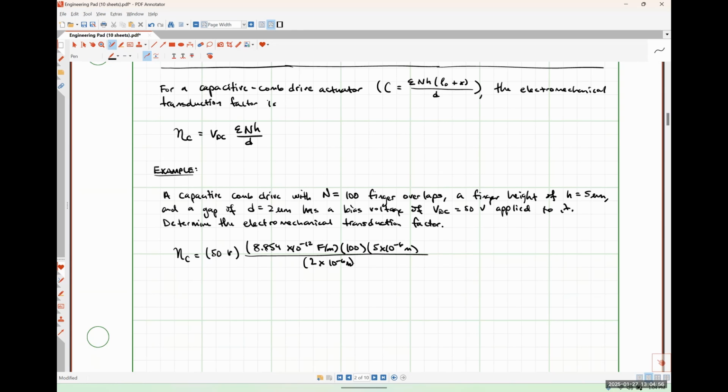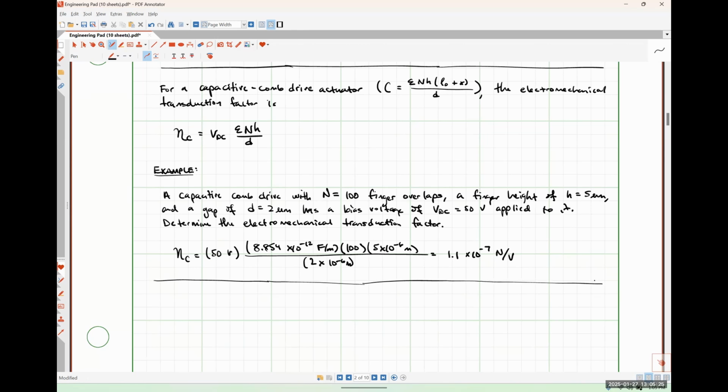And this winds up being 1.1 times 10 to the minus 7 newtons per volt, or 0.11 micronewtons per volt for what it's worth. Okay. So a capacitive comb drive definitely makes that particular calculation significantly easier.